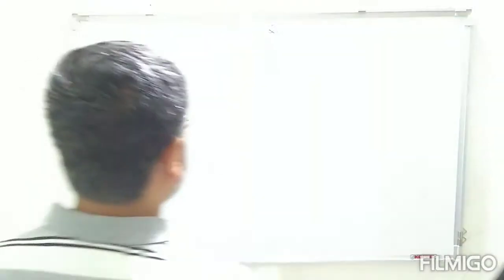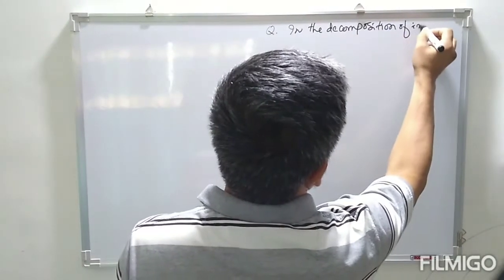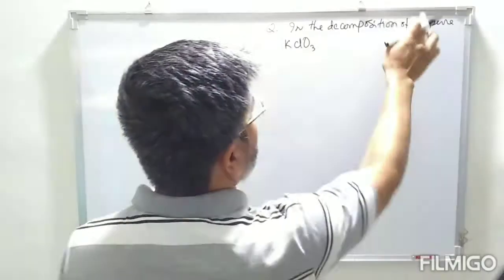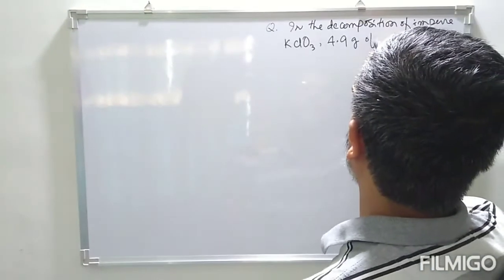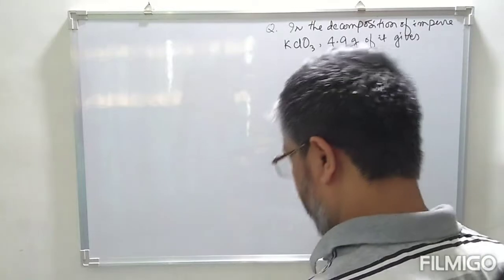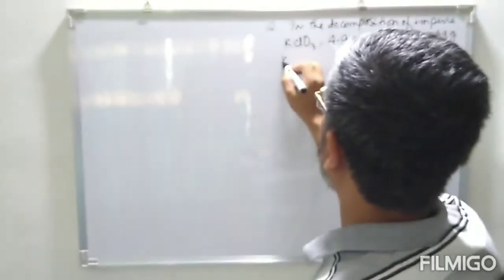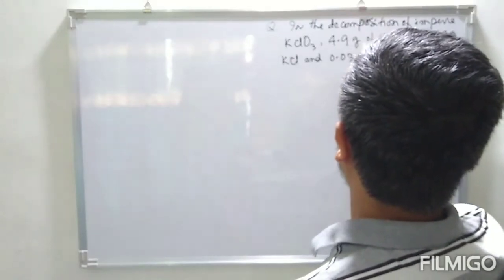We have a question. In the decomposition of impure potassium chlorate, 4.9 gram of potassium chlorate gives 1.49 gram KCl and 0.03 mole of oxygen gas.